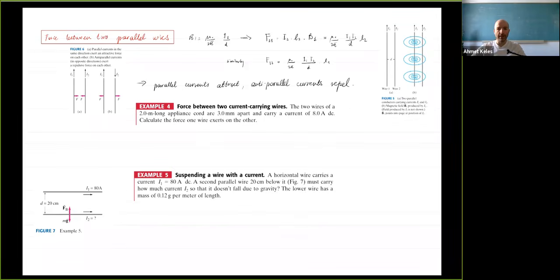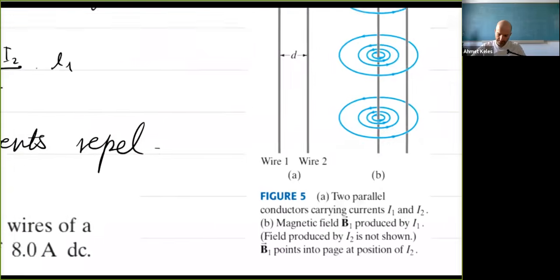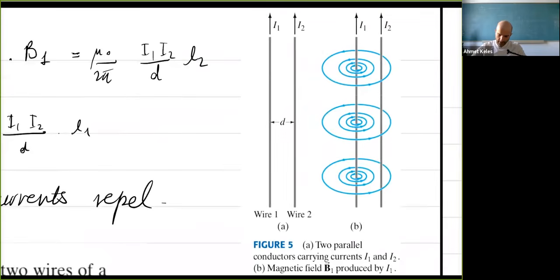And we know Newton's third law, so if this wire is exerting a force on that wire, there has to be an equal and opposite force on the other wire. We can also determine the direction. If you zoom in, this is the direction of the current, and the magnetic field at the location of the wire is into the page.